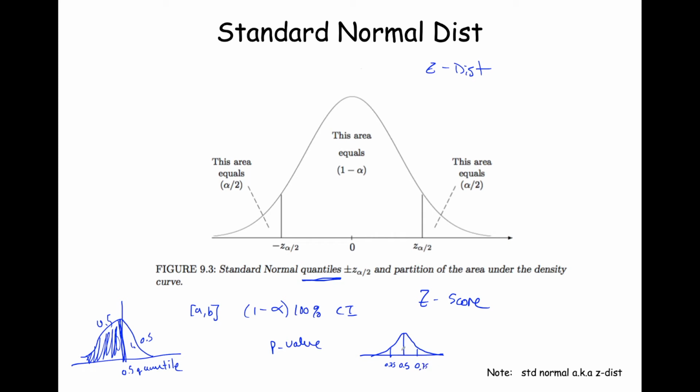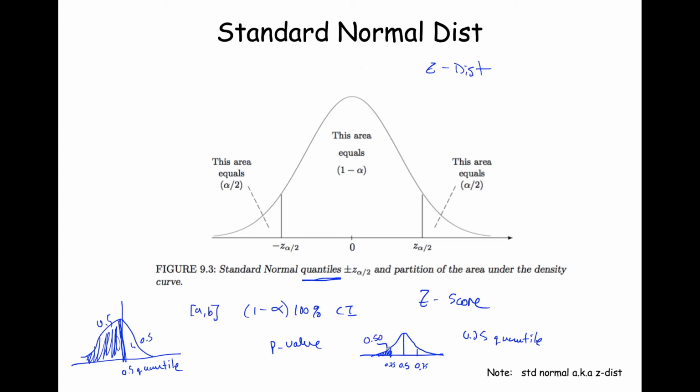The 0.25 quantiles are those values such that we divide the distribution into equal parts of 0.25 each.